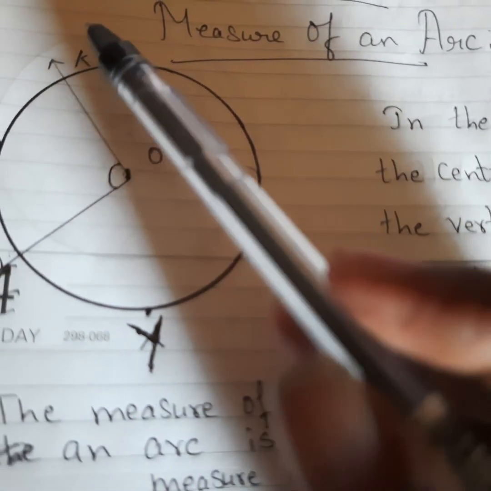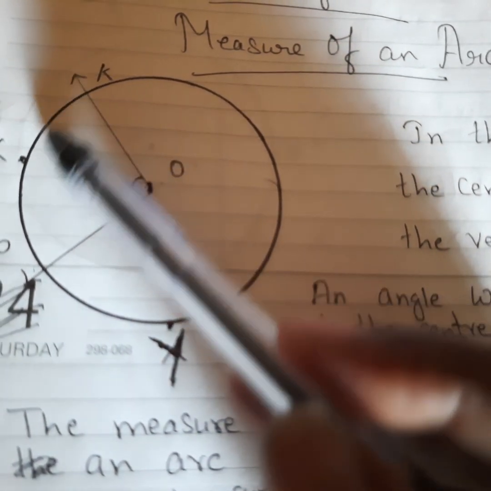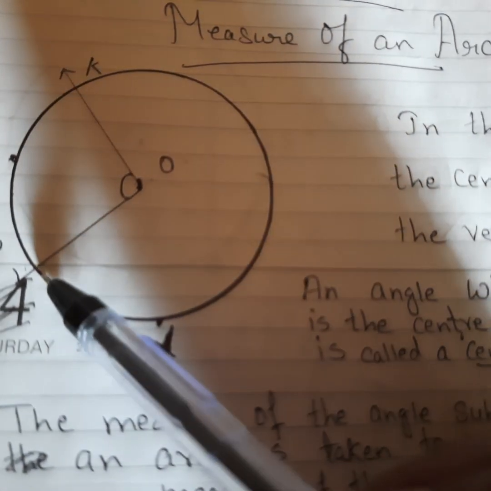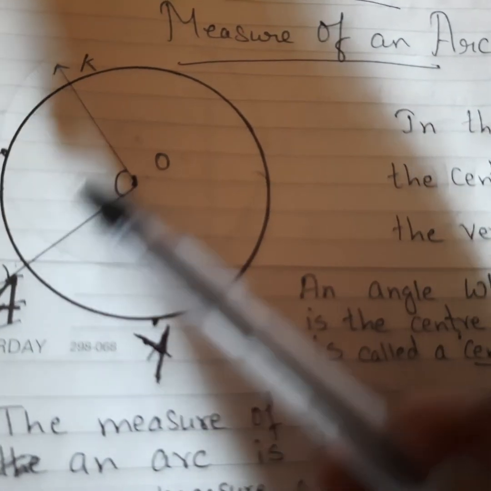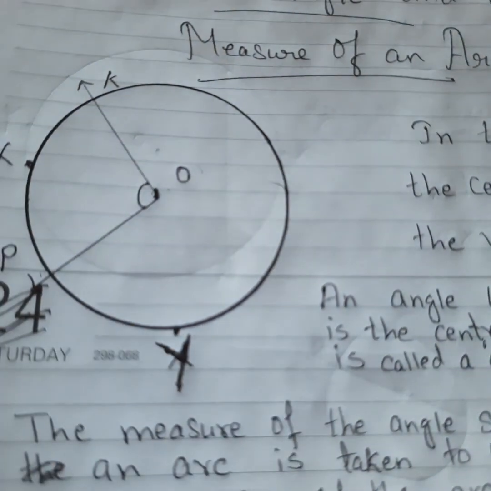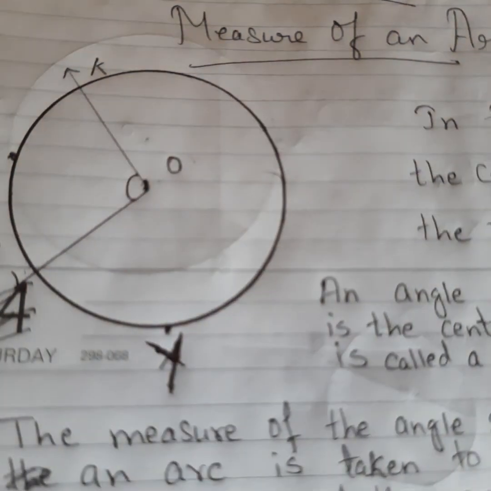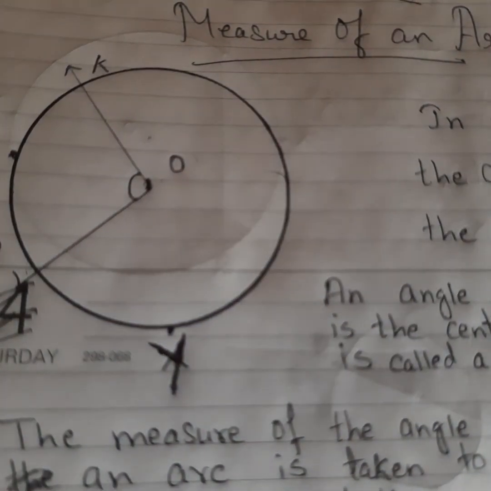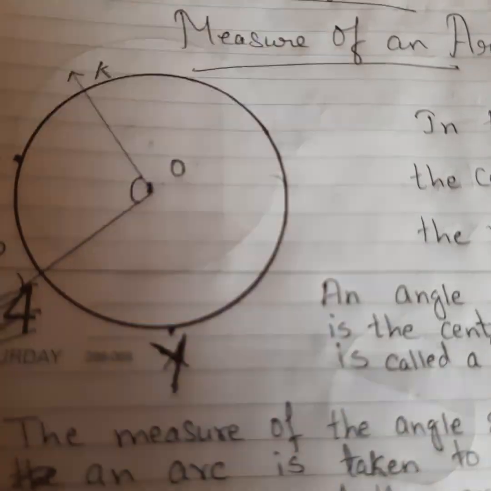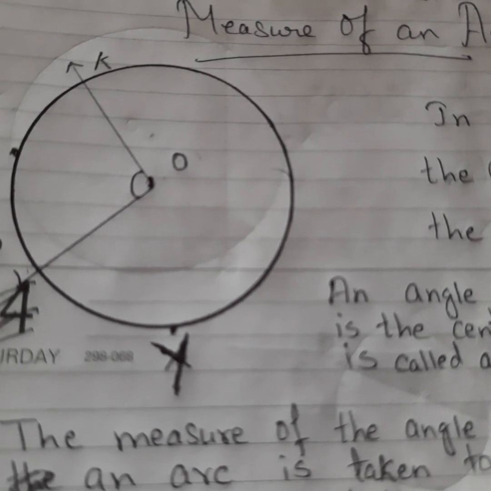So you can see arc KXP, it is exactly in the central angle, or because of arc KXP the central angle is formed. You can see it clearly. So the measure of the angle subtended means it is making the measure of the angle subtended at the center by an arc is taken to be the measure of the arc.